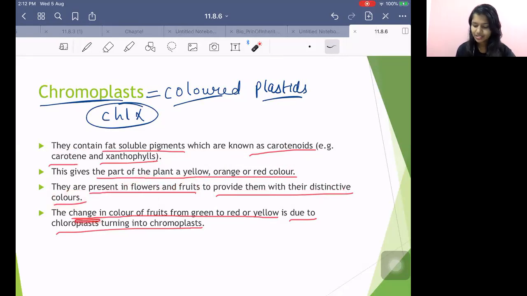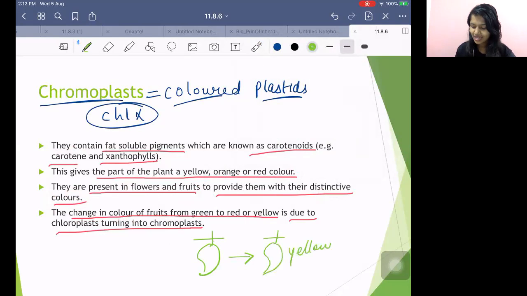The change in color of a fruit, for example, a raw mango. The raw mango will be greenish in color. When the raw mango has ripened, it will become a little yellowish in color.